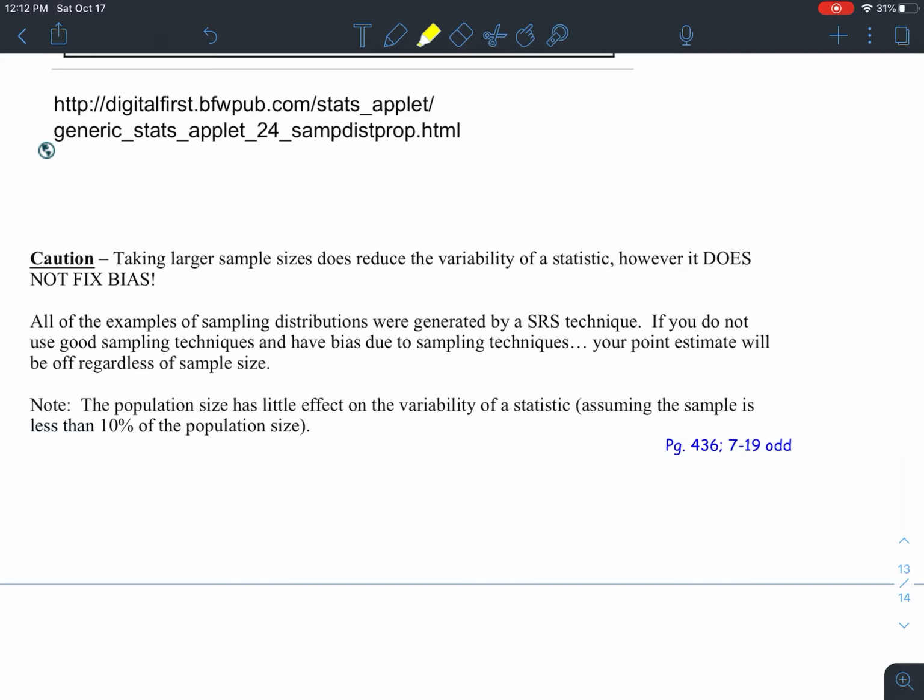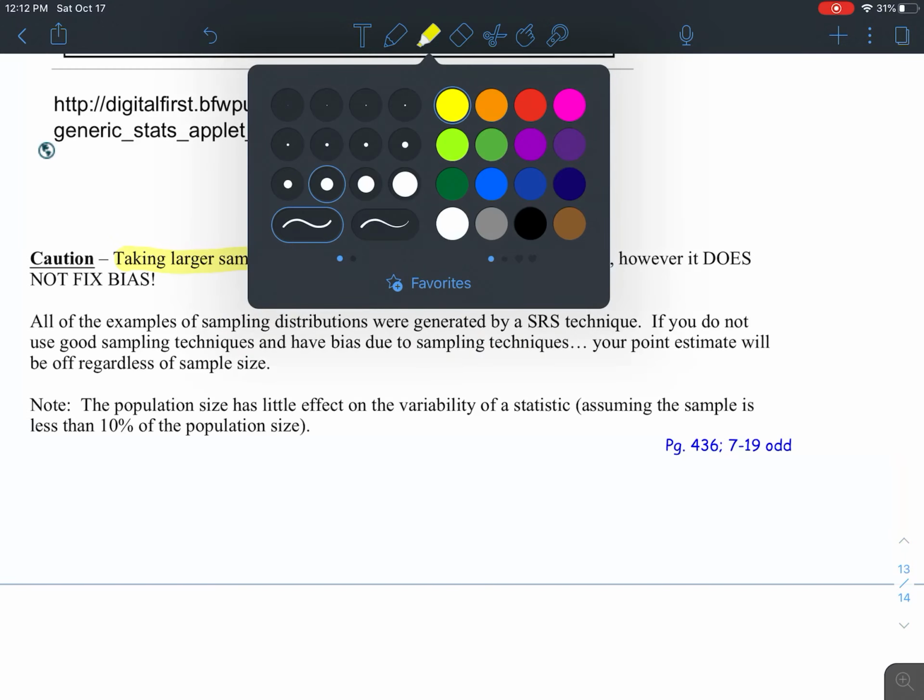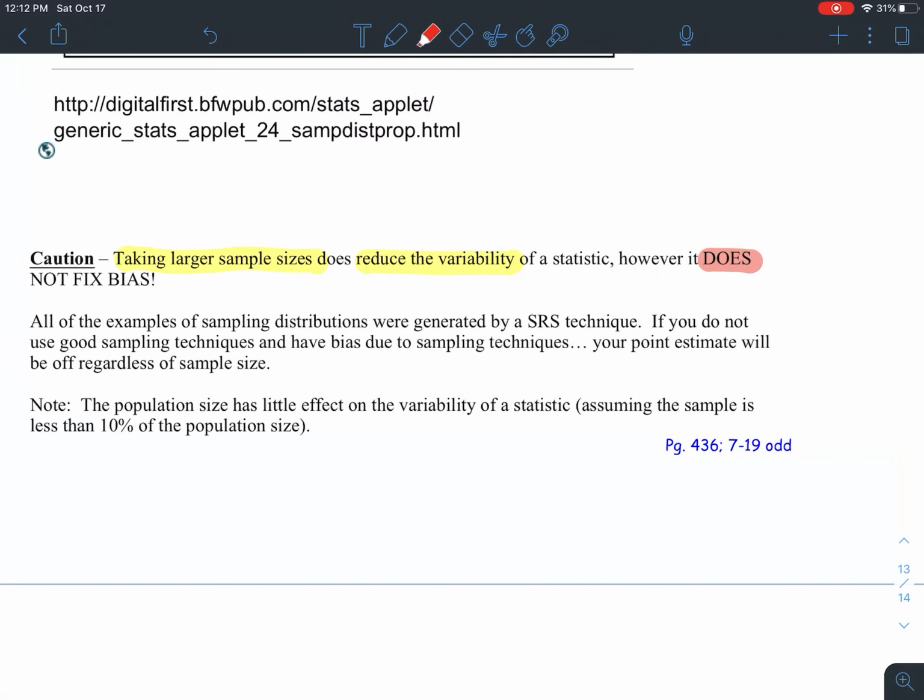So last couple things here, if you were to take a larger sample size, it absolutely will reduce your variability, but a larger sample size will never repair your bias.